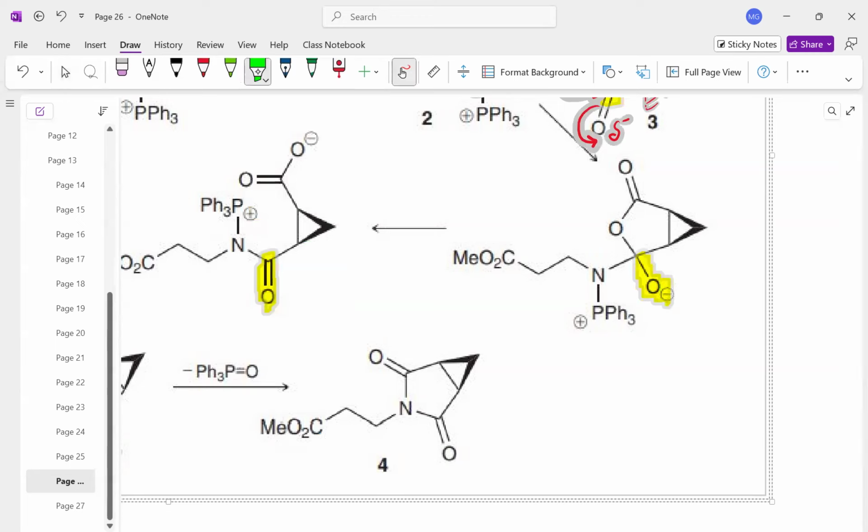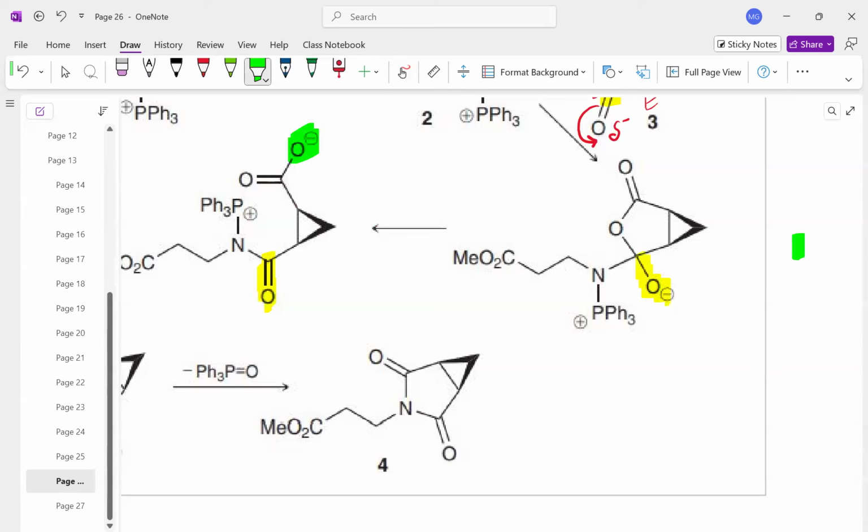Well, this oxygen here used to be attached to a carbon, but now it's no longer attached. So let's draw some arrows that address that. I'm going to take these electrons and move them down to form that double bond.